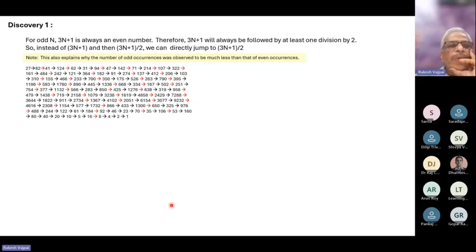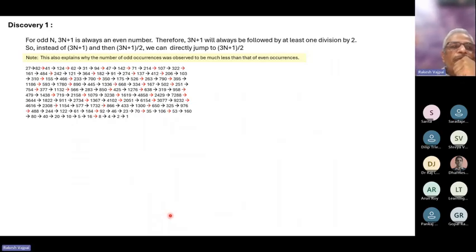That is by design, because if n is odd, 3n will always be odd, and therefore 3n plus 1 will always be even. So because you get an even number, you're bound to divide it by 2. So every time there is a 3n plus 1, it will always be followed by an n by 2. It will always have a division step.